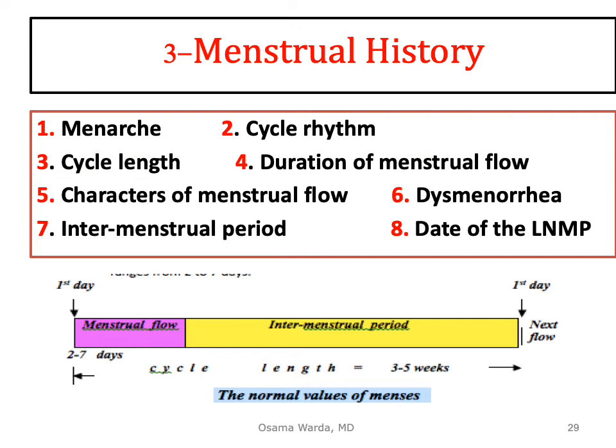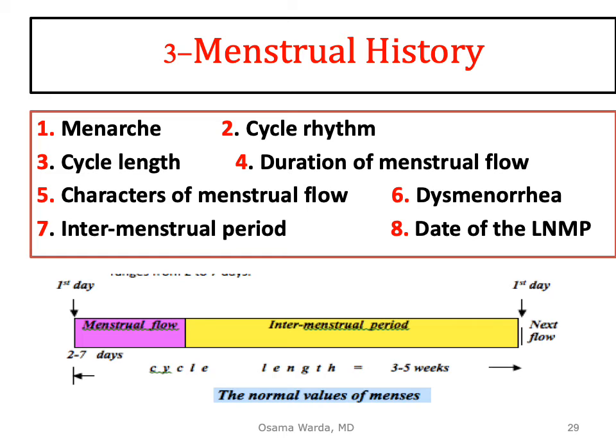We shift to the menstrual history. Menstrual history includes the following 8 items: menarche, which is the first day of the first menses in the woman's life. Then the cycle rhythm, which is regular or irregular, and the cycle length, which is the duration from the first day of the menses to the first day of the next menses.